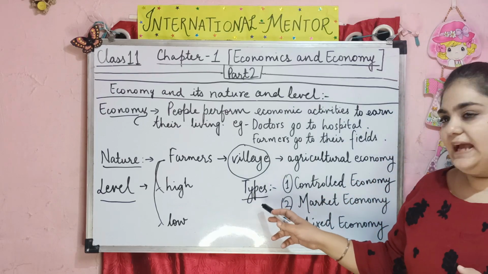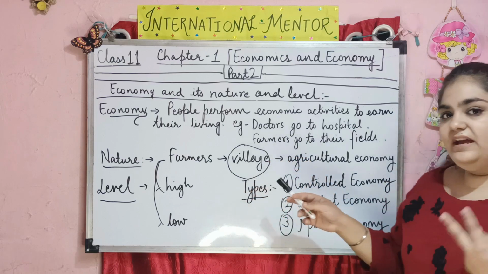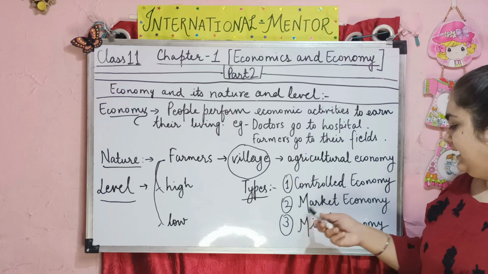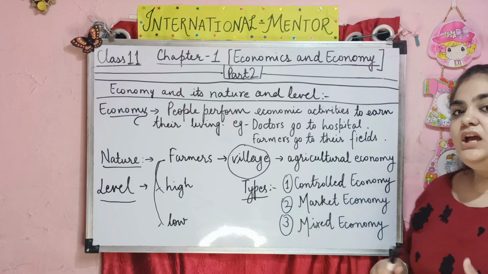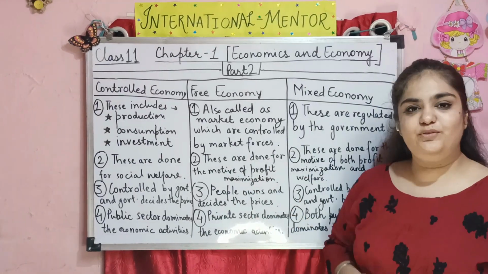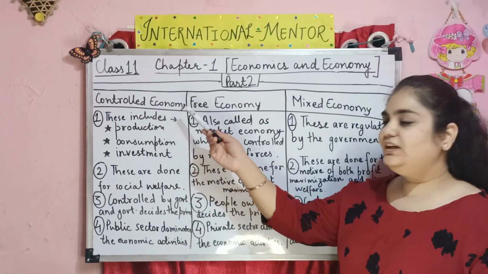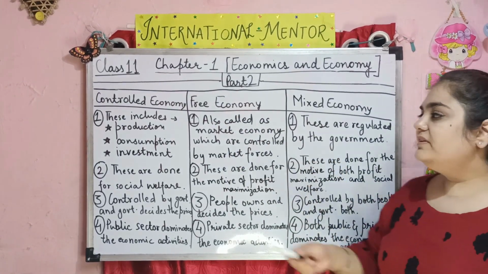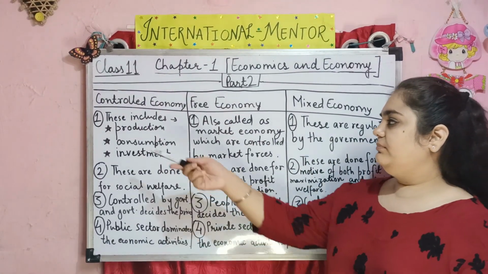Now we would study the types also. So there are three types of economies: controlled economy, free economy or market economy, and mixed economy. We would study these in detail now. Now we will study what is controlled economy.